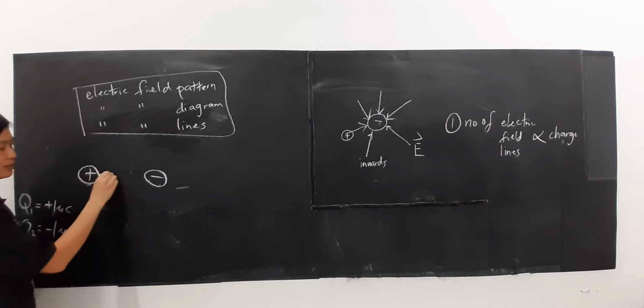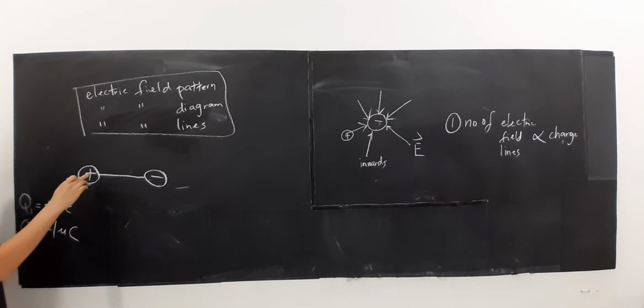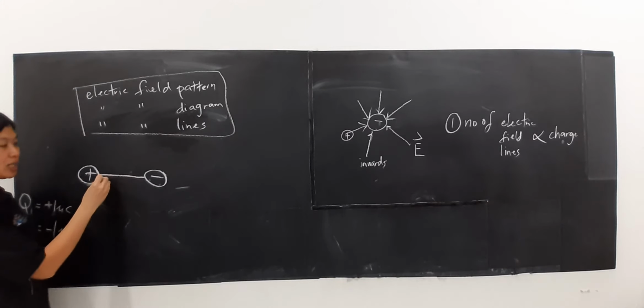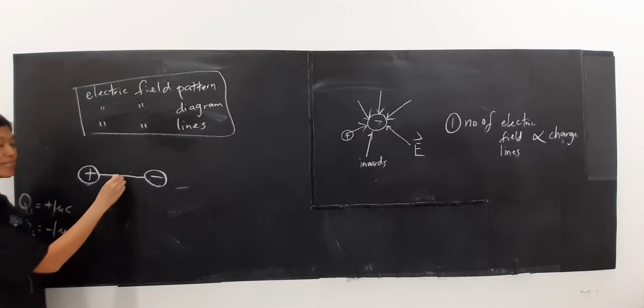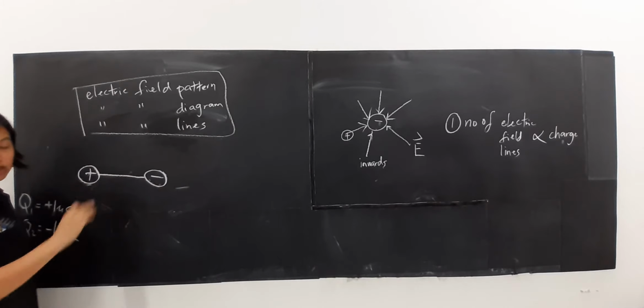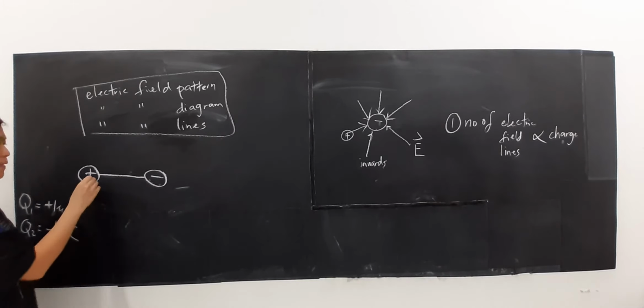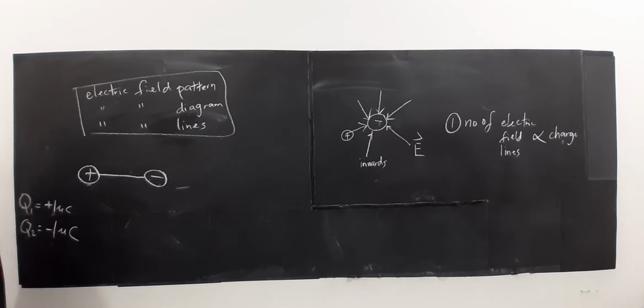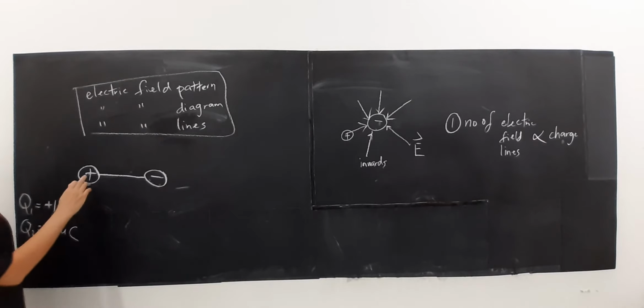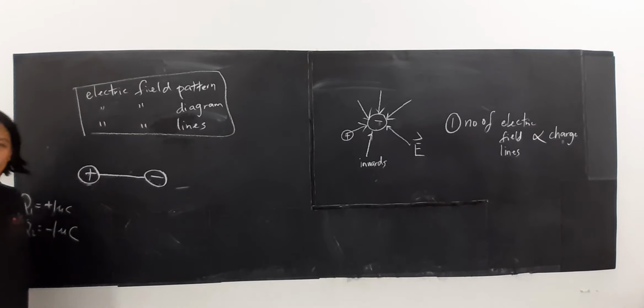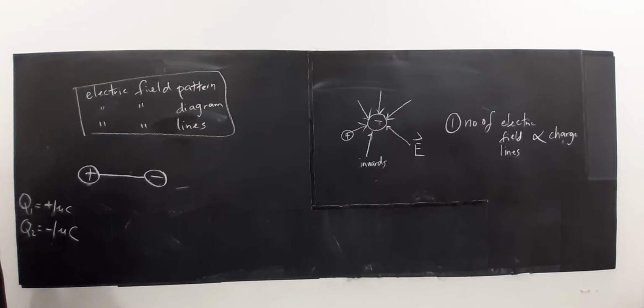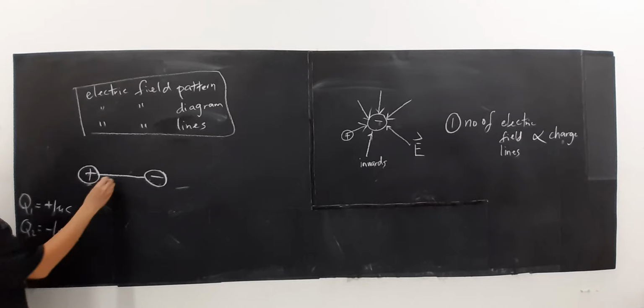Okay, so you see, positive and negative are always attracted. So I must draw a line which connects these two charges. And as I told you before, remember that the positive charge always has outgoing lines.